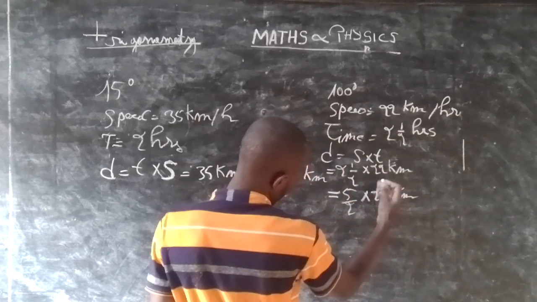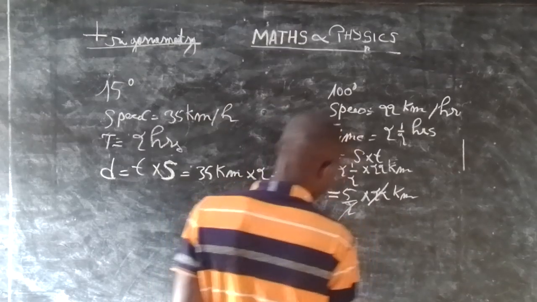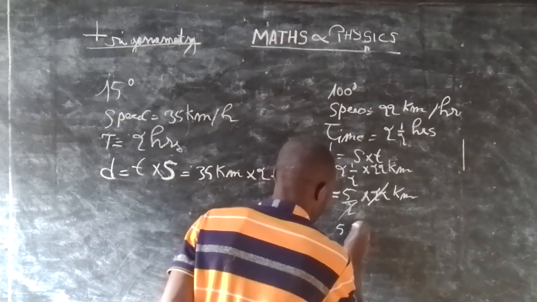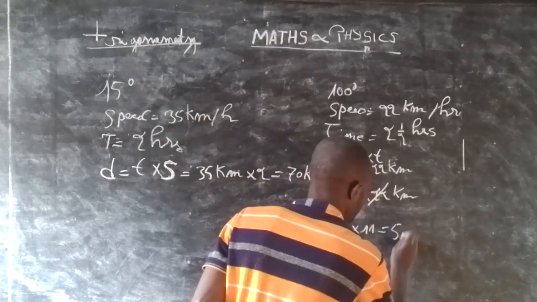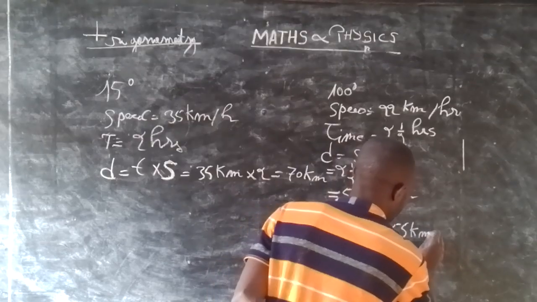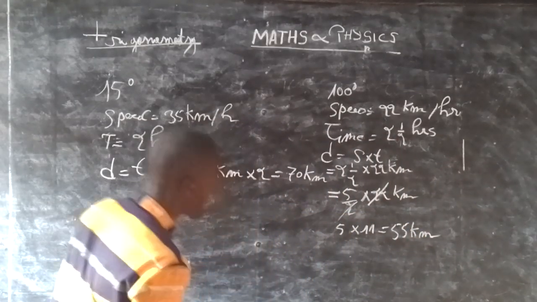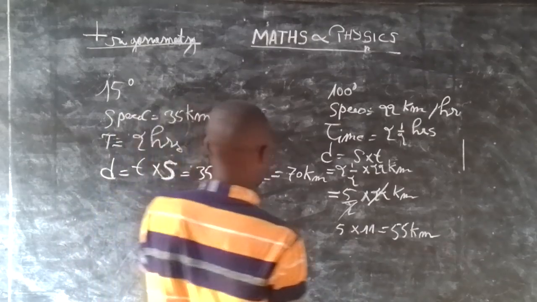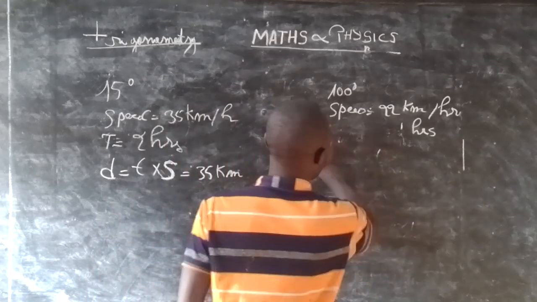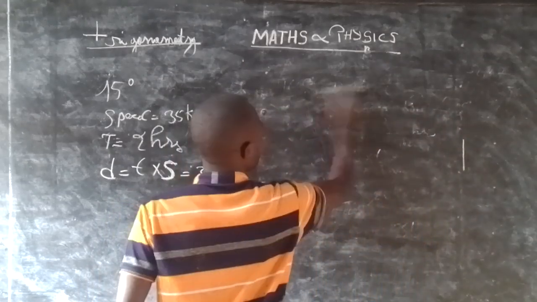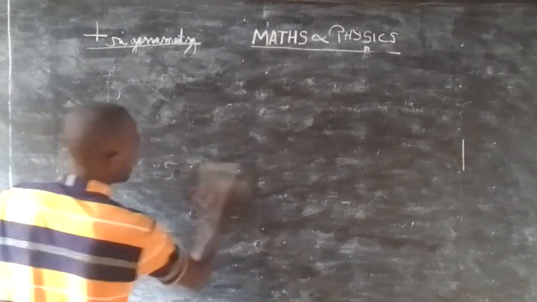Here we simplify the 22 by 2. We will have 5 times 11, which is equal to 55 kilometers. So at this stage I think we have the full data needed to determine the distance of the triangle which we are given.